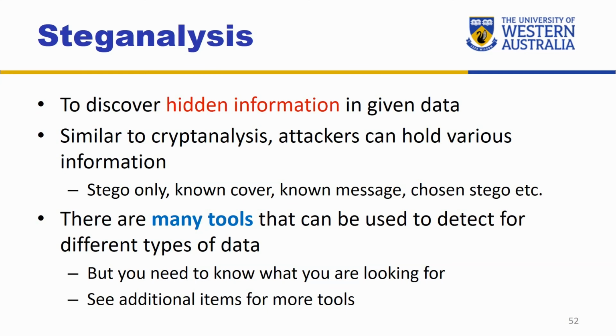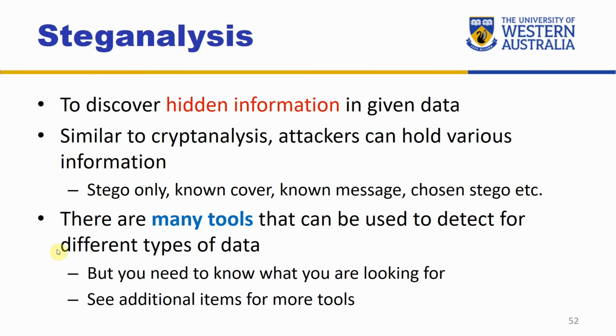This is similar to cryptanalysis, where attackers can hold various information, either stego only, or the known cover or the known message, chosen stego, etc. And all those information can help trying to analyze the steganography that has been used. So there are many tools that can be used to detect different types of data as well.